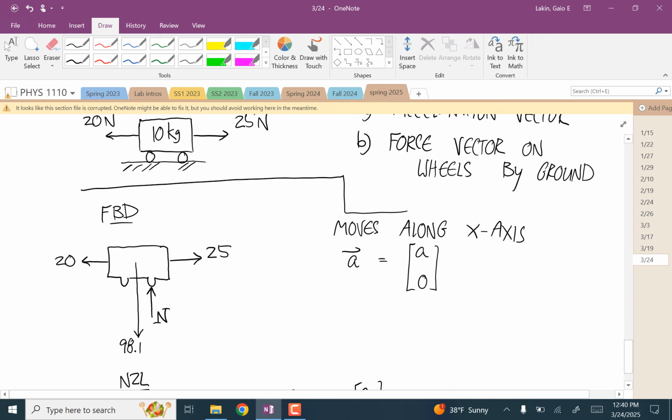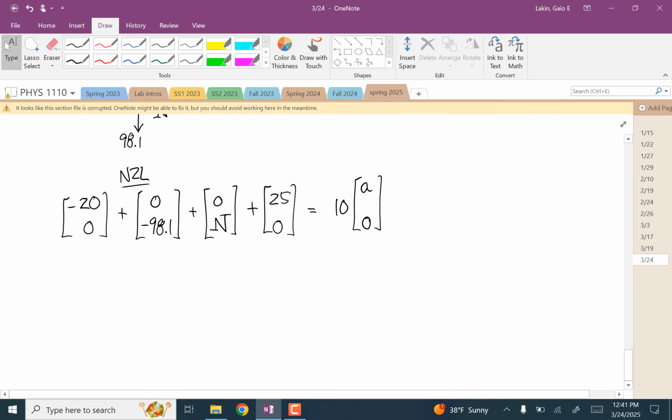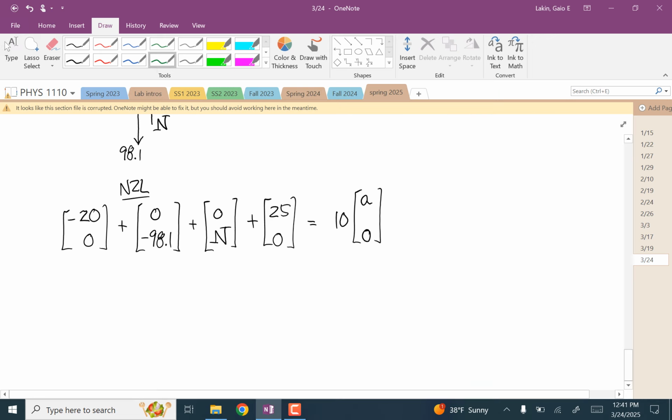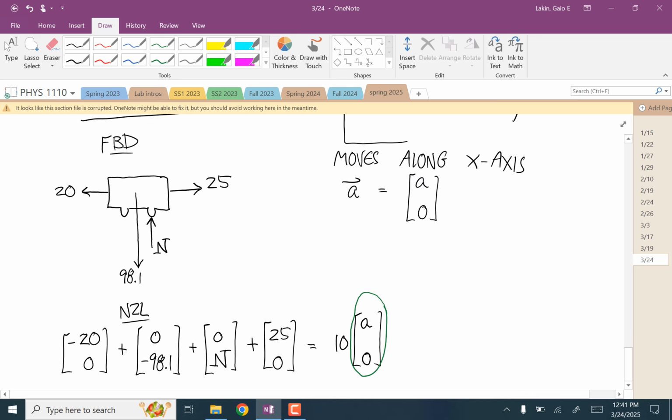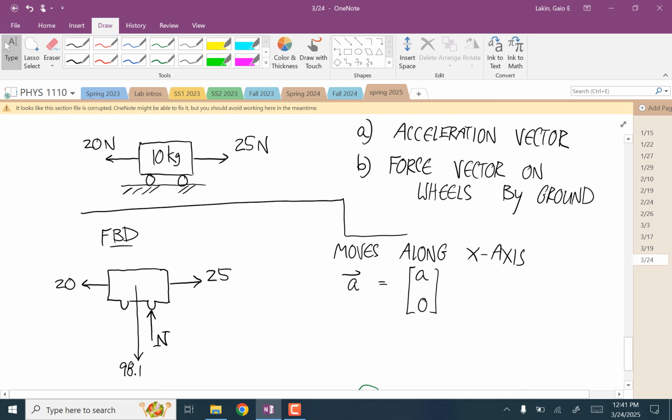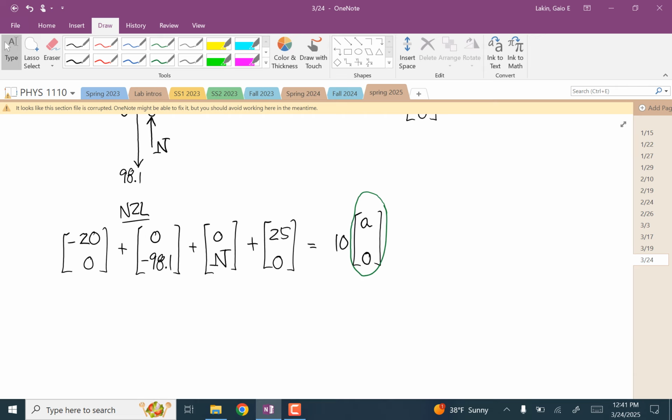So in this problem, we're looking for the acceleration vector. Well, the acceleration vector is just this. We just have to figure out what that a value is. And for part B, we're trying to figure out the force vector on the wheels by the ground. Well, that's just this. We just have to figure out what that N is.